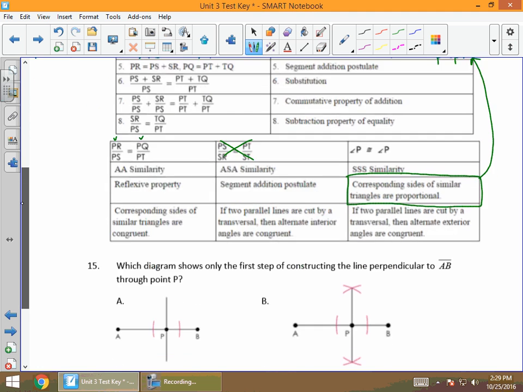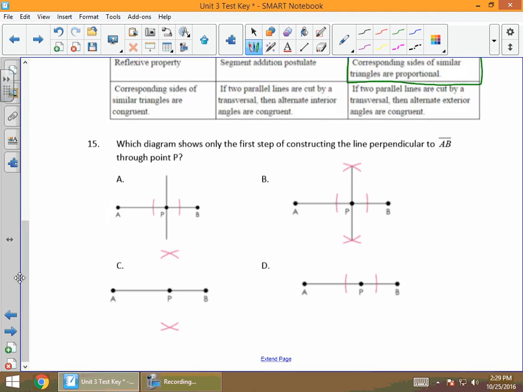And number 15, this is also worth 1 point. And it just wants to know what is the first step in the construction process. The very first thing I do is I set my compass on point P and I draw a little half moon or so, or an arc. So my answer is D as in dog.